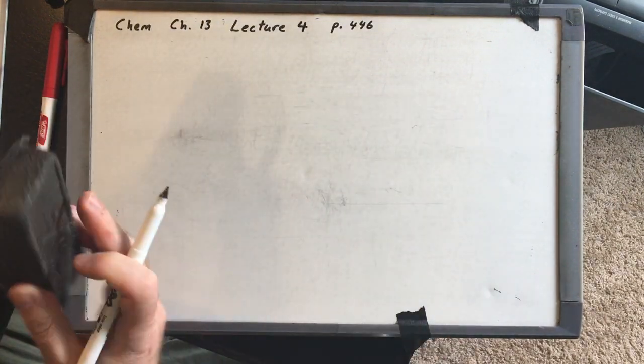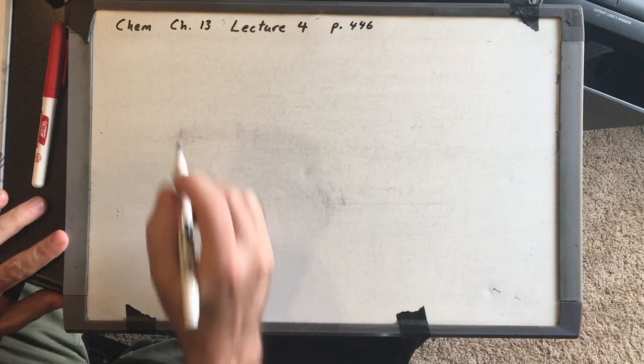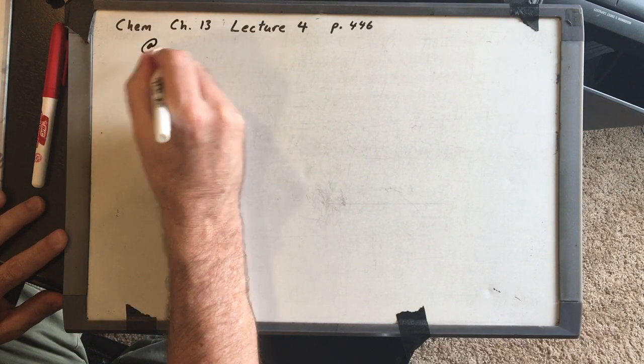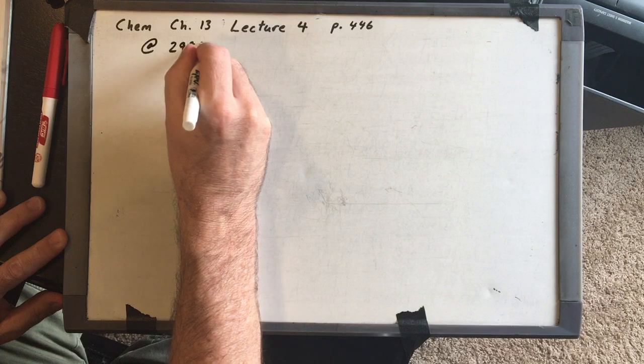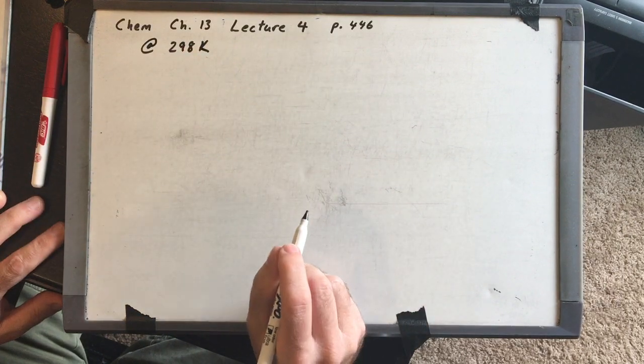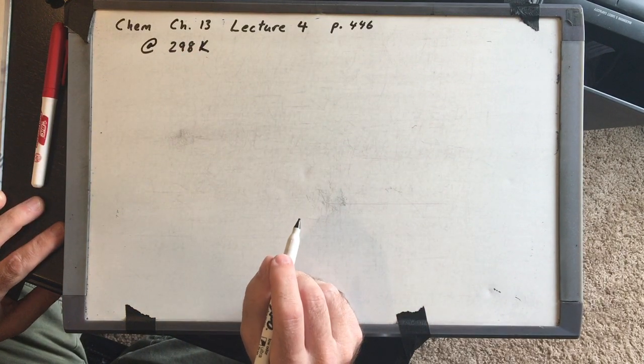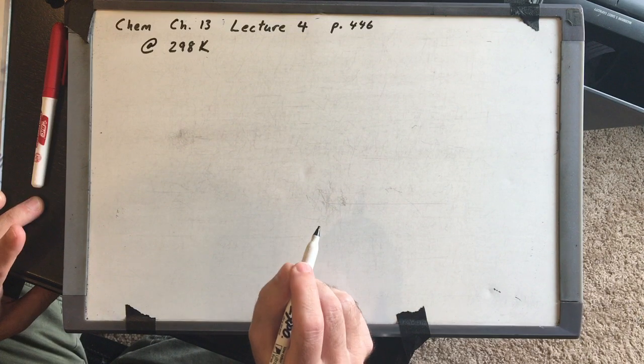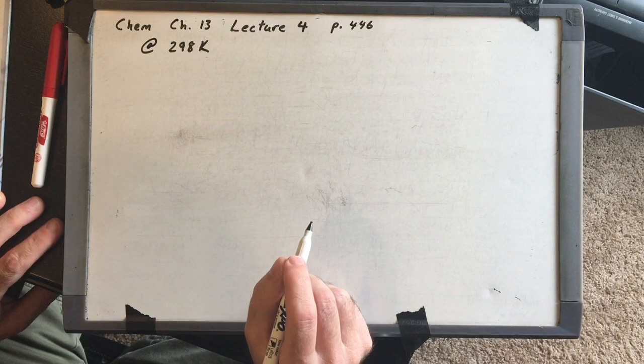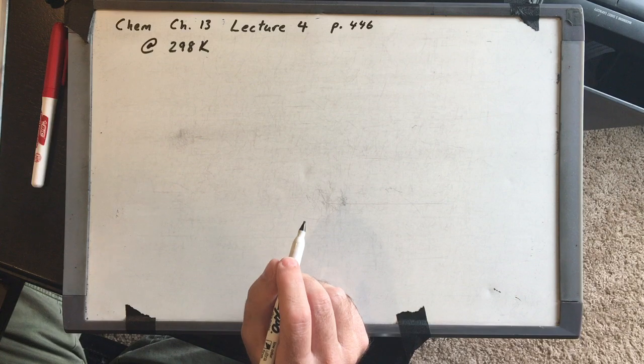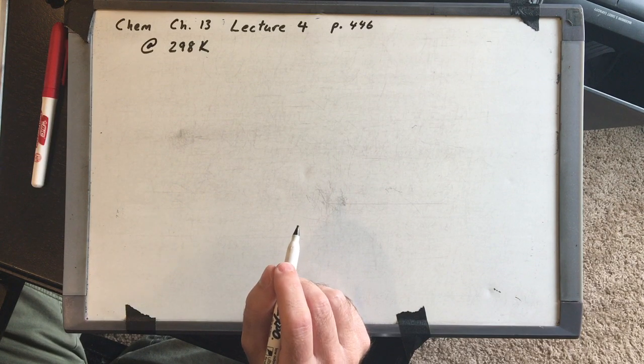So let's say we have a reaction at 298 Kelvin, which is considered room temperature. Then we can use the table of values that scientists have put together to figure out the delta G. So we're moving on to page 7 in your notes.